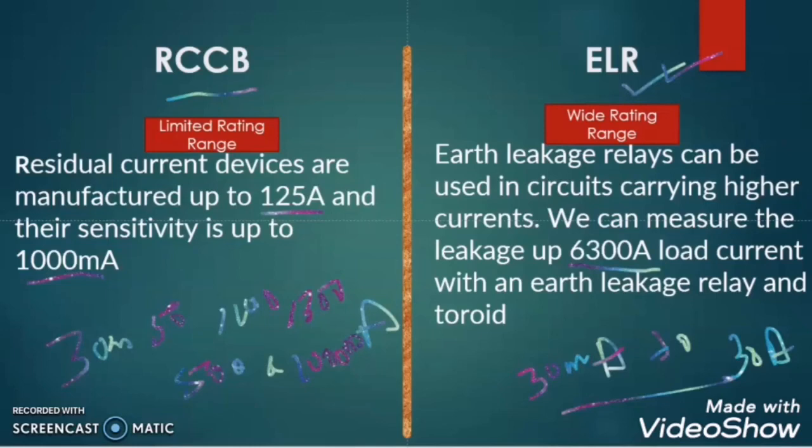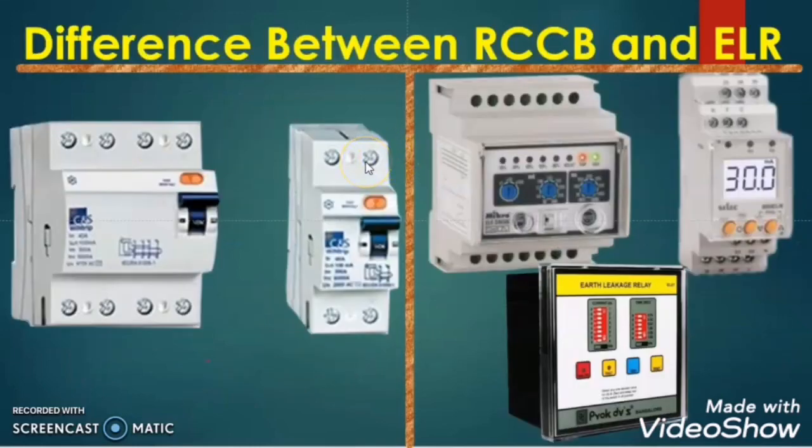Though the function of the RCCB and ELR is the same, that is giving protection against earth leakage fault current for humans and stray animals, the operation of RCCB and ELR is also the same. Why am I saying the operation is also the same?